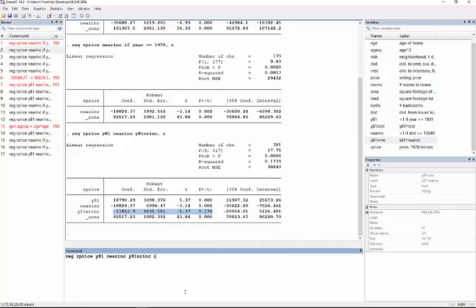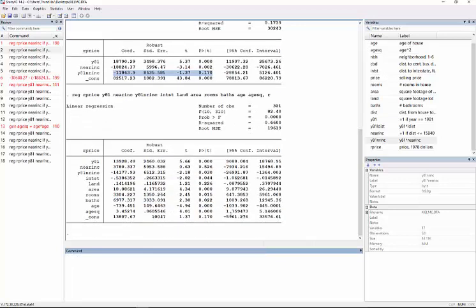So you include the distance to the interstate, and then the land area, the house area in feet square, the number of rooms, then the number of baths, and the age, and the age square. Do we have the age square here? Yes, we have that. So with a robust option, you run that.